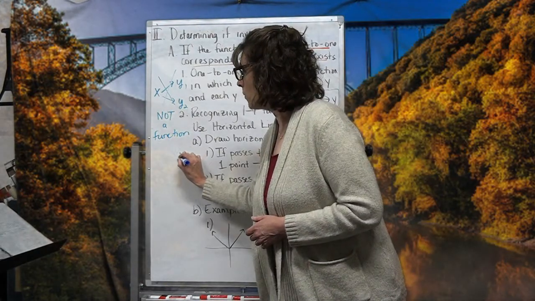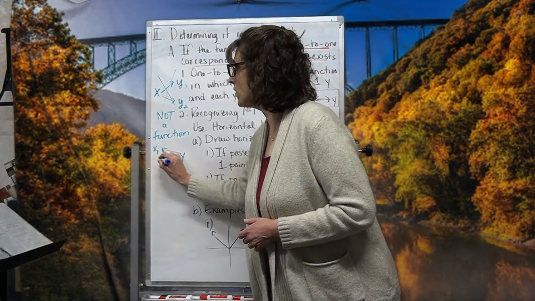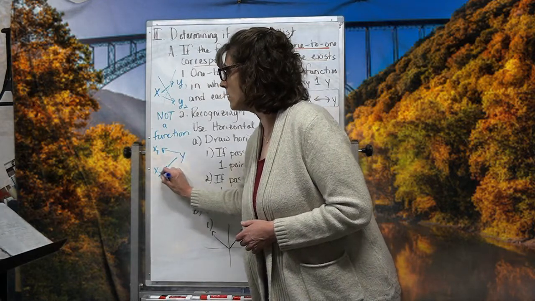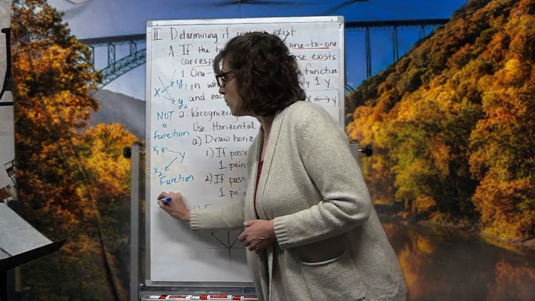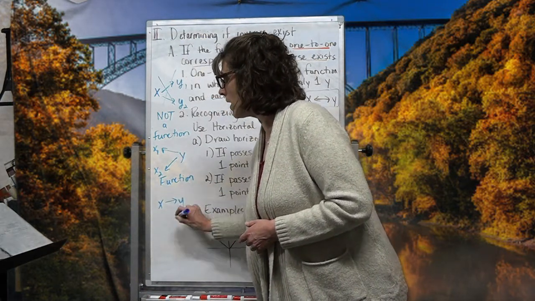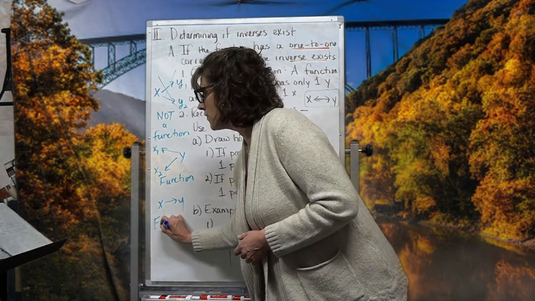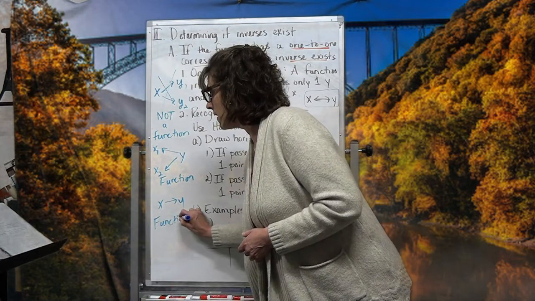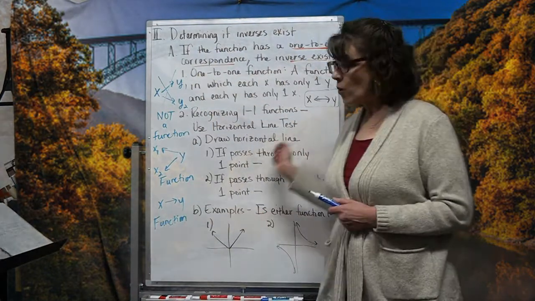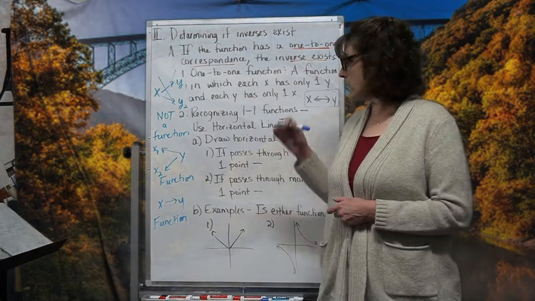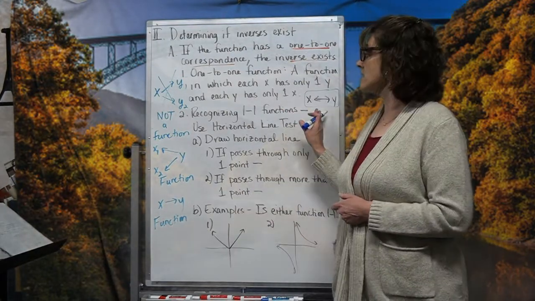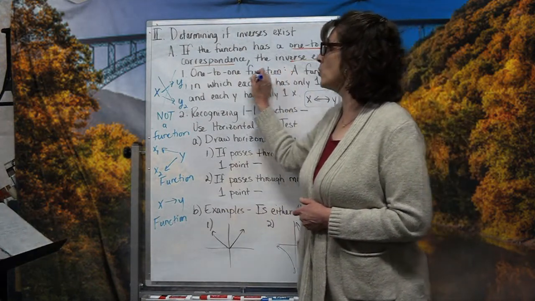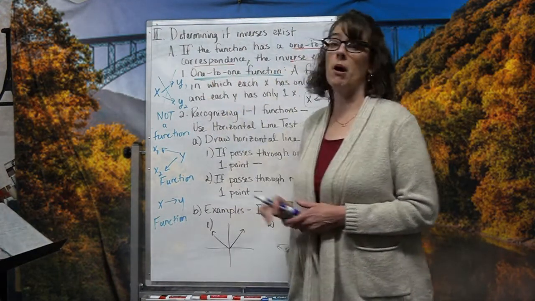That could mean 1 y going to 2 different x's. Even though that's kind of weird, that's okay, that's a function. Better than that, what if I had 1 x going to 1 y? That's a function. Or reversing that, which is this case right here, 1 y going to 1 x. This is even better than a function. This takes it a step further. This says, ooh, I've got a 1-to-1 correspondence.